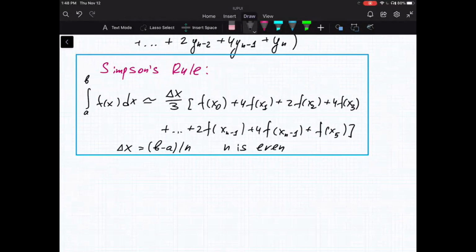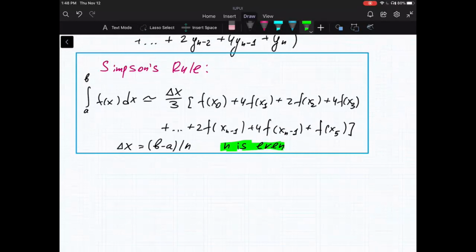Why should n be even? Because otherwise you will not have enough points to construct the last parabola. If it's odd, you will get only 2 points or 1. We can see that now the rule is slightly more complicated because we have many different coefficients. First of all, we have delta x over 3.